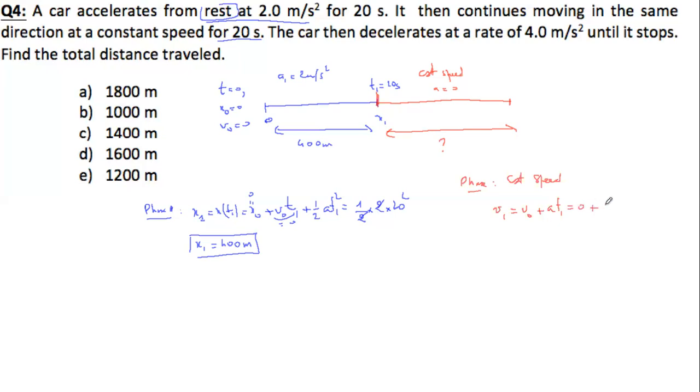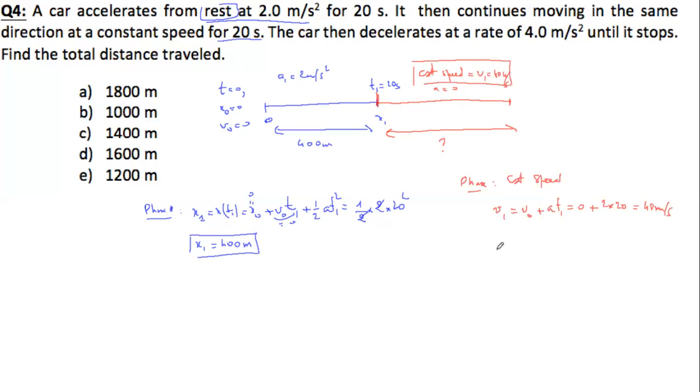V0 is 0, A is 2, and t1 is 20. So you'll have a speed of 40 meters per second. So throughout here, you have a speed of V1, which is 40 meters per second. Okay.